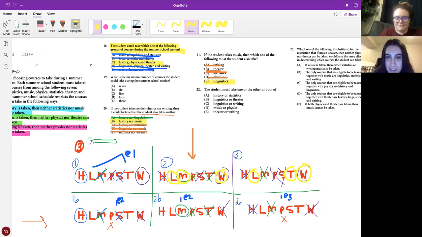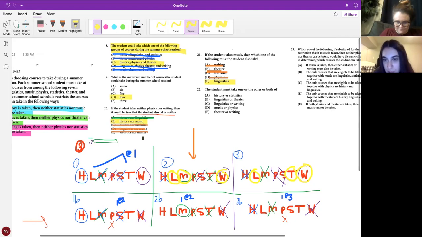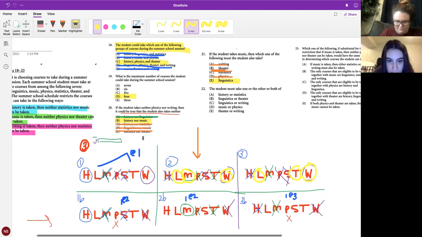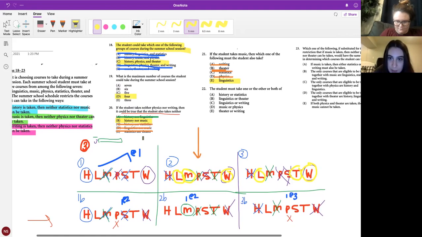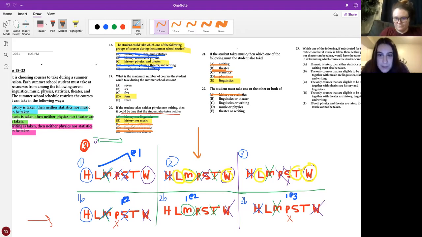And then 22. The student must take one or the other or both of. Let's see. So history or statistics. No. They don't have to take one or the other because they're both crossed off in 2. Excellent. 3A.